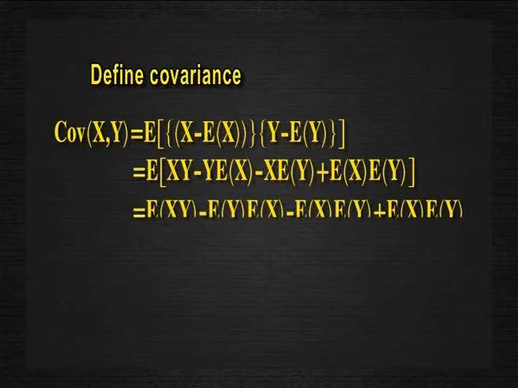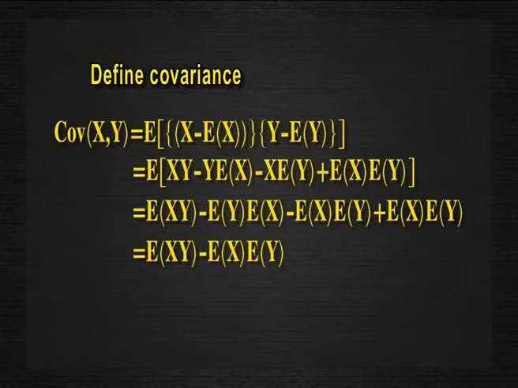Taking expectation inside, we get expectation of x into y minus expectation of y into expectation of x minus expectation of x into expectation of y plus expectation of x into expectation of y. On cancelling the same terms with opposite signs, we get expectation of x into y minus expectation of x into expectation of y.